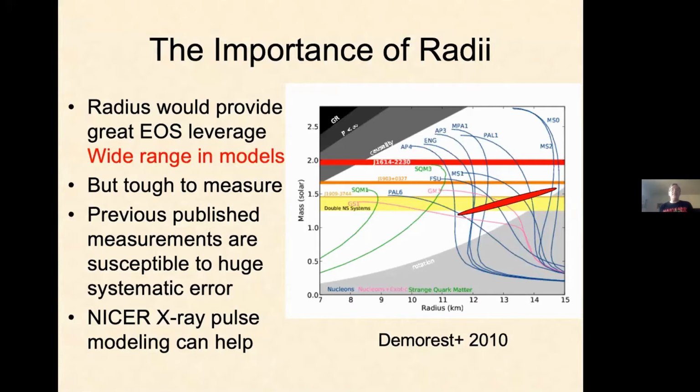I mentioned systematic errors. When we think about the X-ray based neutron star radius measurements that have come from various communities, these have typically focused on one of two cases. One is a quiescent star, which is believed in the past, say the past tens, hundreds, or thousands of years, to have actively accreted.